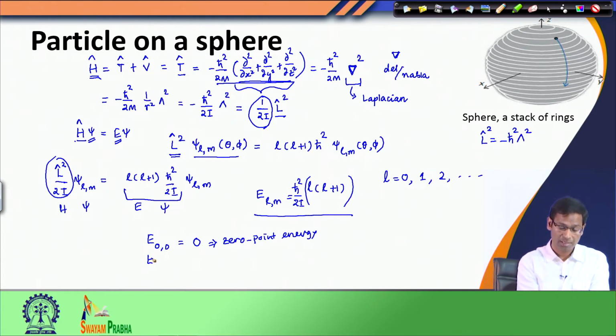The next one will be when L is 1. In that case, I can have 3 different values of m. So, there can be plus 1 or minus 1 or 0. In that case the energy, if I put L is 1, I simply have 2 h square divided by 2I, and this will be threefold degenerate.